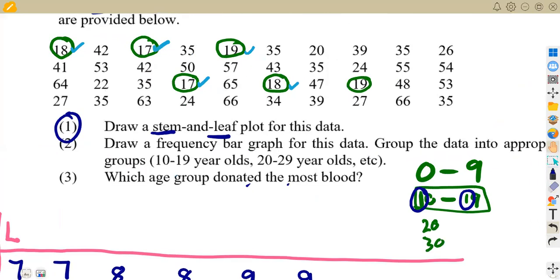From 20, we said these are multiples, as we are at 10, now at 20. So 20 is 20 to 29. So between 20 and 29, do we have numbers there? Okay, so let's see, 20 to 29. Yes, there is 20 there. There is 26 here.